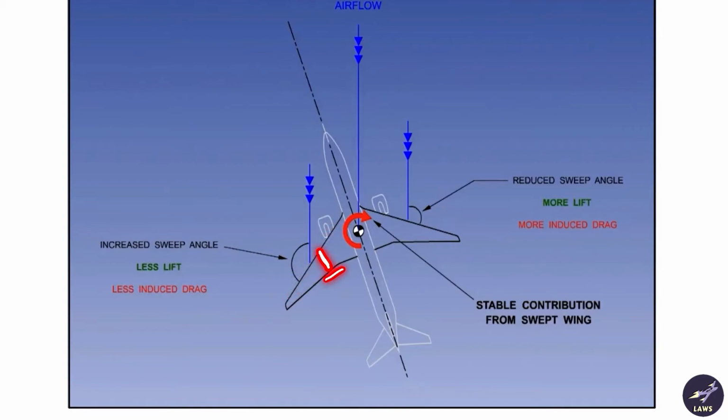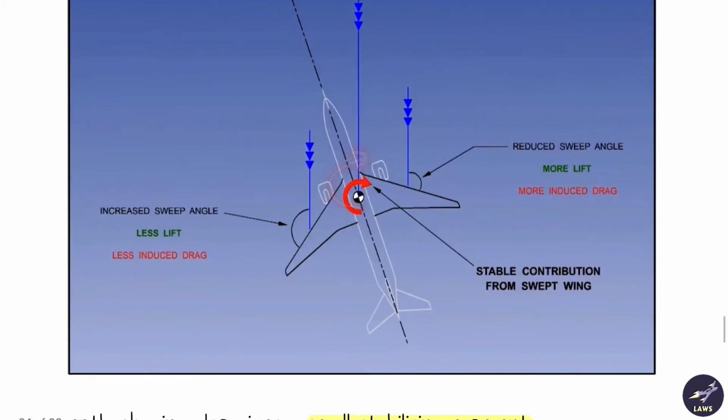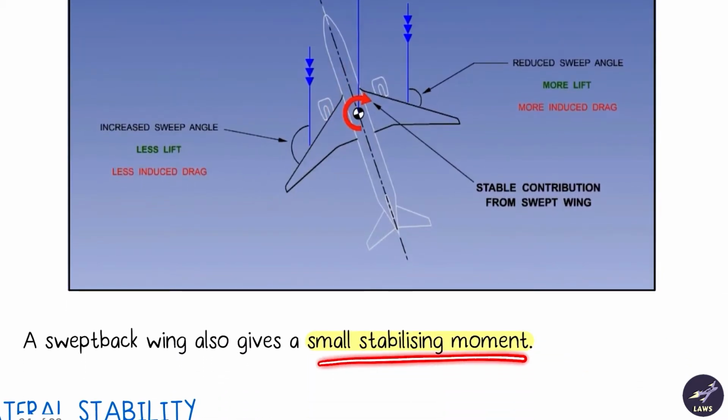Because of the reduced chord-wise flow, the lift will be less and induced drag will be less. In this case, because the sweep angle is reduced, the span-wise flow will be lesser and chord-wise flow will be greater, increasing lift and hence increasing the induced drag. This induced drag will cause the aircraft to come back to equilibrium, thus providing a small stabilizing moment.